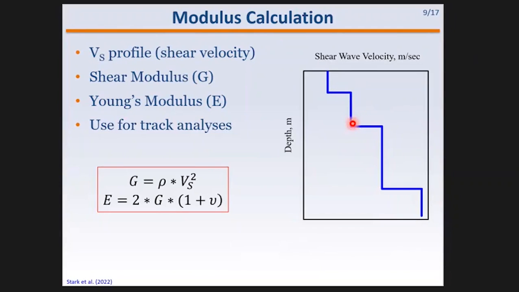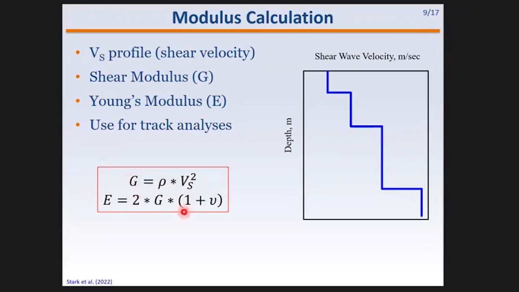The important part of the shear wave velocity is, notice Vs, shear wave velocity, is right here. And I know showing an equation on the second day of a conference, is that terrible? And it's squared. Shear wave velocity is squared. We multiply by the density of the material, and that gives us the shear modulus of the material.